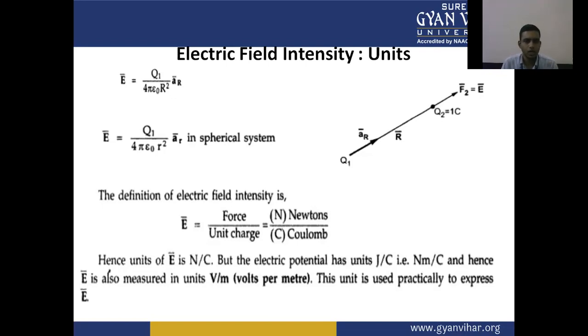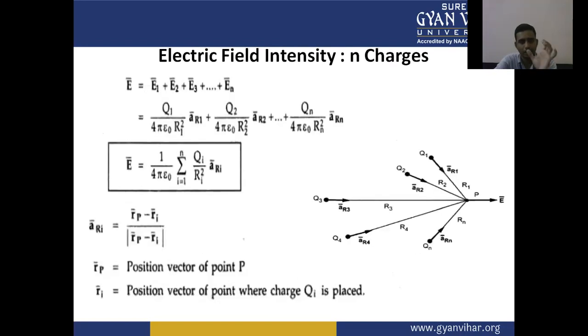Hence, E is also measured in the units volt per meter. This unit is used practically to express E. So, electric field intensity is defined in volts per meter. This is the practical unit of electric field intensity.